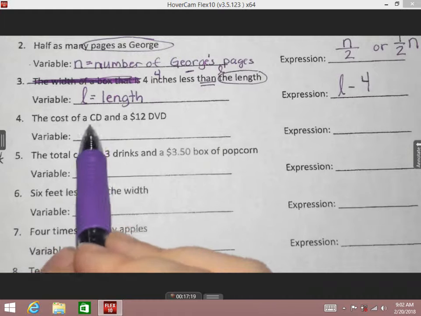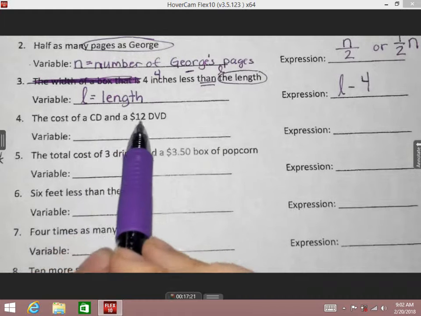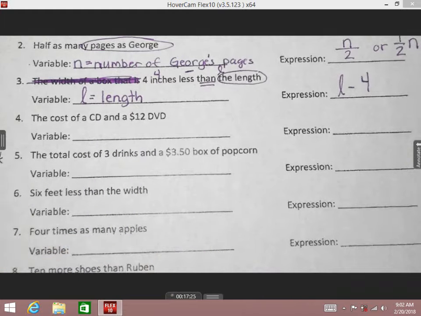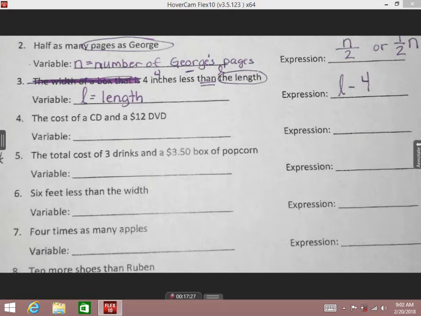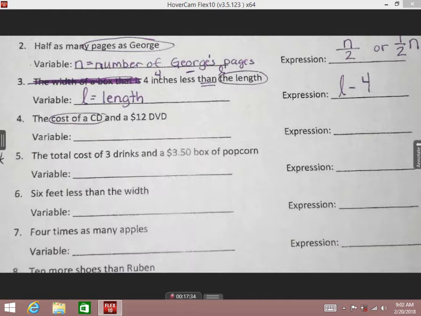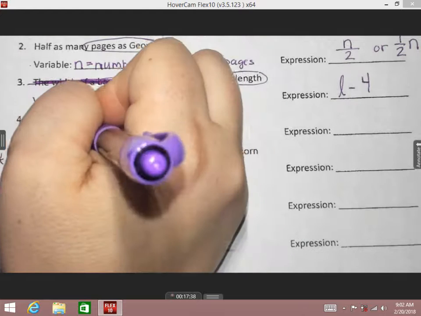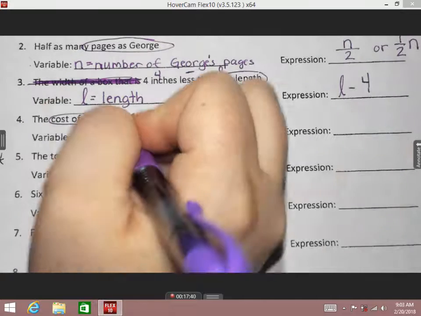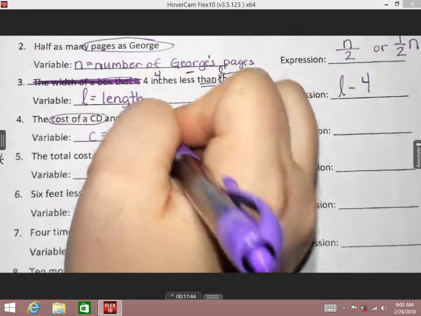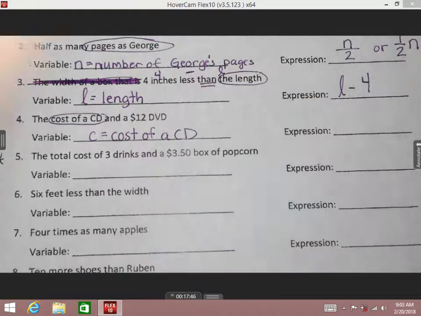The cost of a CD and a $12 DVD. All right, what information am I missing? We do not know how much the CD cost. All right, so what letter could we use? C. All right, and C is going to stand for the cost of a CD.